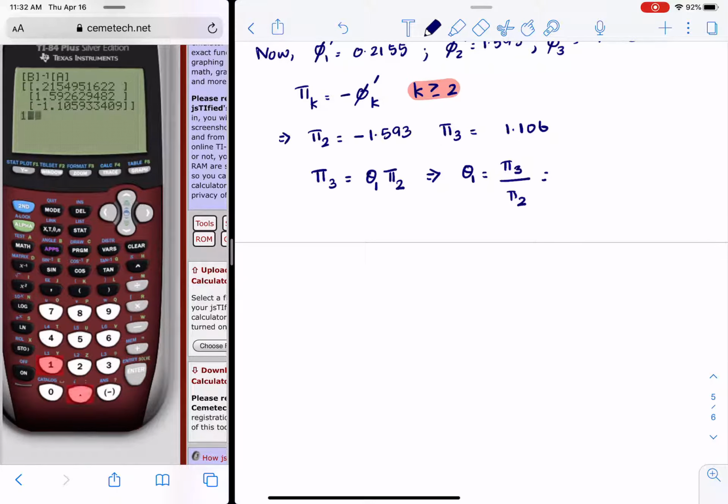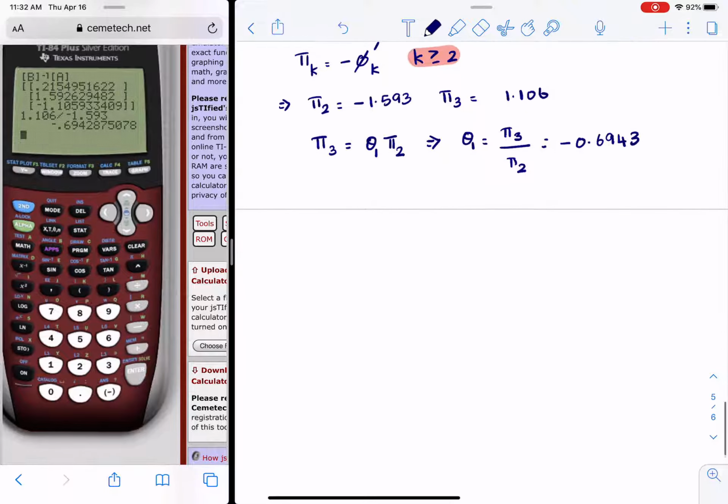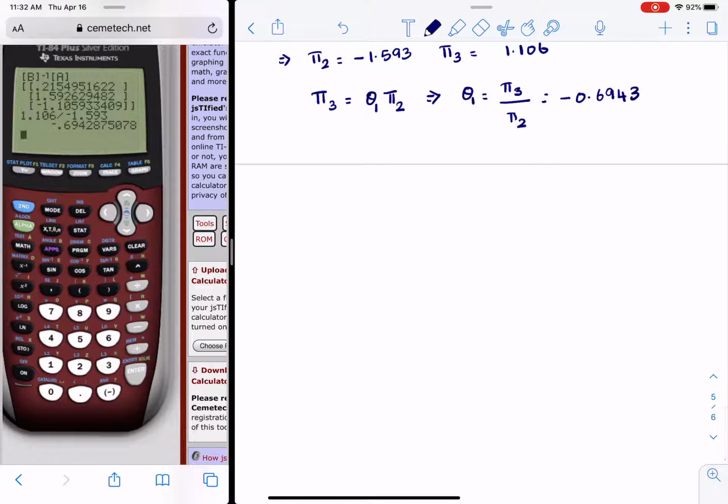So 1.106 divided by negative 1.593, we have negative 0.6943.